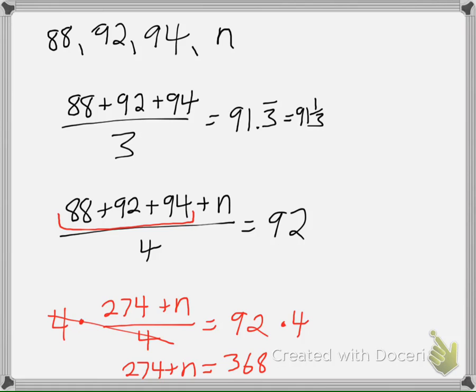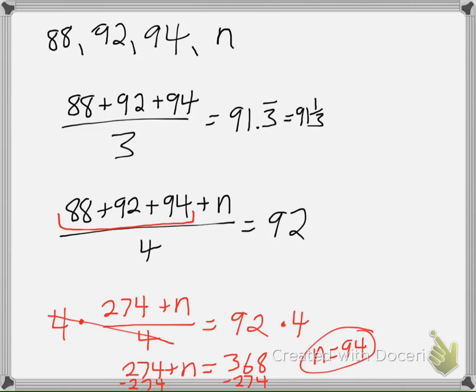Now I just have a one-step equation. I have n plus this number, so I need to subtract 274 from both sides. And 368 minus 274 gives me 94.